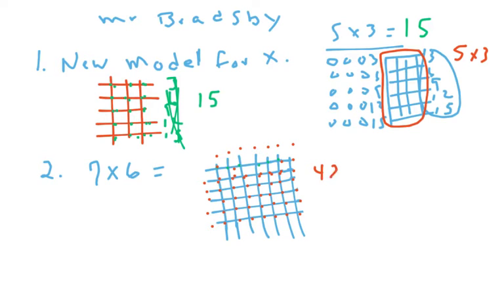So the answer is 42. Okay, well, I kind of like this model. It's a little quicker for me. But if you want, you can use the circles, or you can use the array, or you could count the intersecting lines. All of these are models to do multiplication.